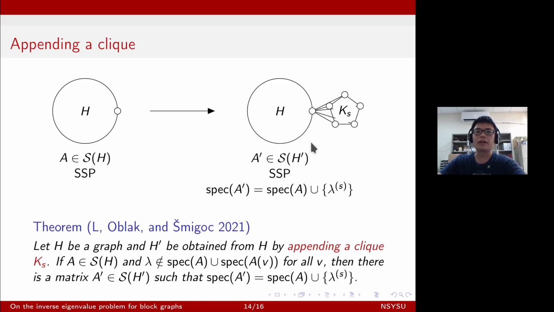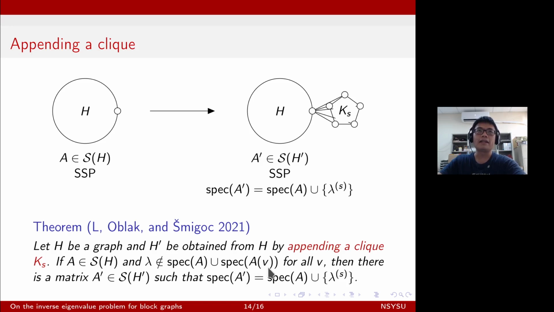This graph is called H prime, and similarly, we have A in S of H with the SSP, then we can find a matrix A prime in S of H prime with the SSP, and this time the spectrum of A prime is equal to the spectrum of A along with lambda with high multiplicity. And the condition for lambda is the following. It cannot be part of the spectrum of A, nor of the spectrum of A taking out the row and column of v.